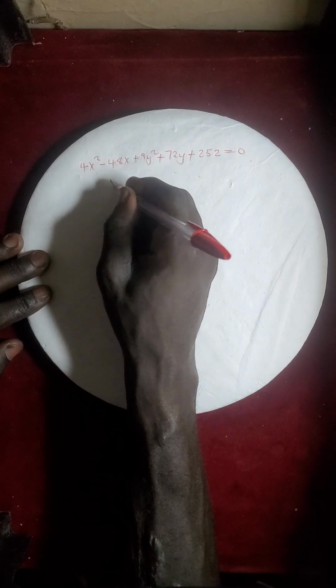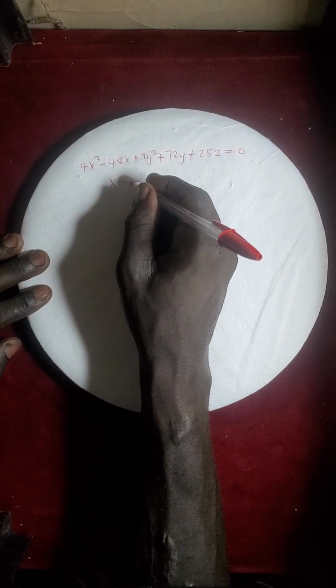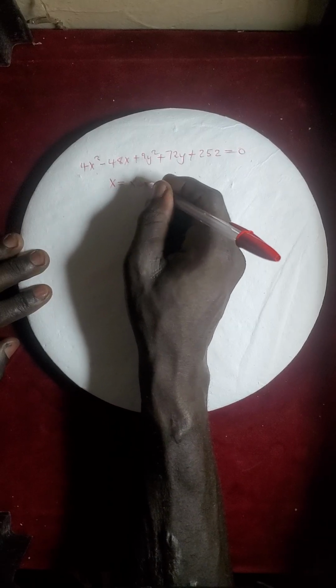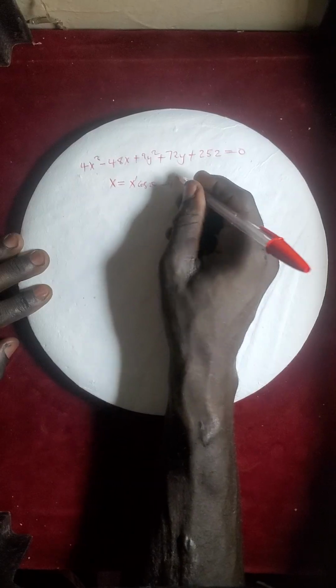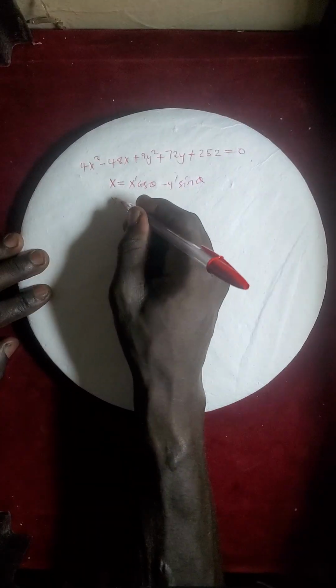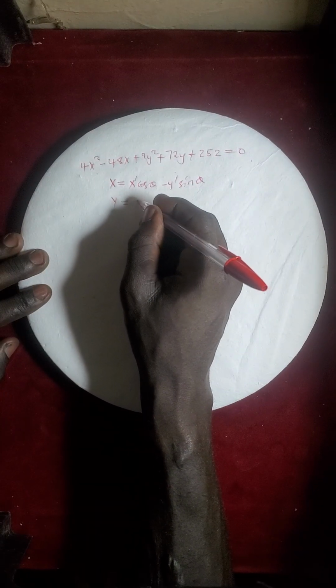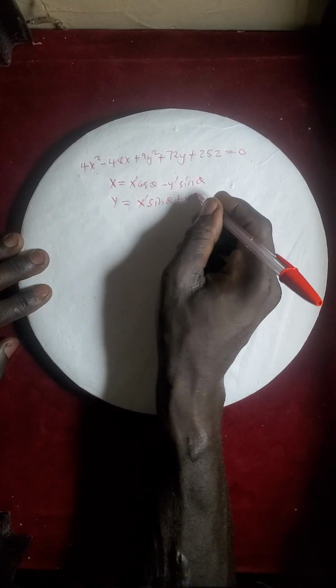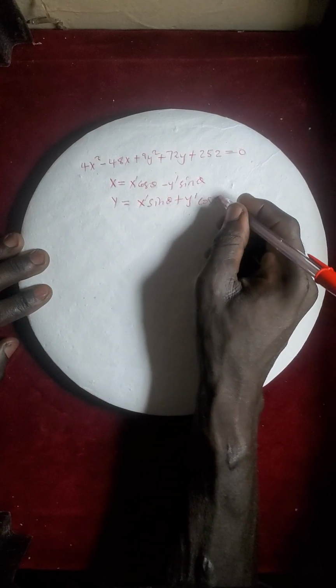For our degenerate equations, we need to replace x with x prime cos theta minus y prime sine theta, and then the y part deals with x prime sine theta plus y prime cos theta. That is our case. Hopefully this one is clear.